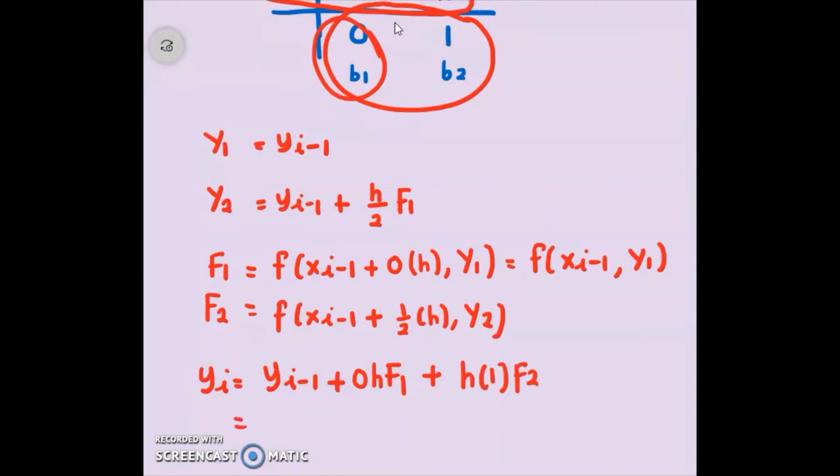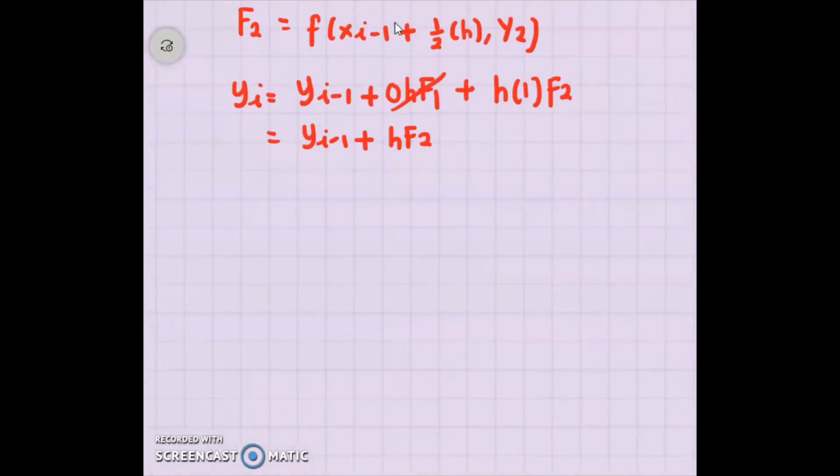Simplifying this, I have yi minus 1 plus, because it's 0, h f2. So this is the defining equation for explicit midpoint.